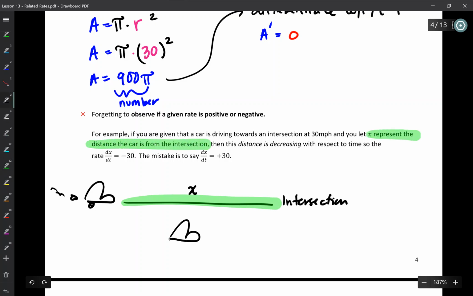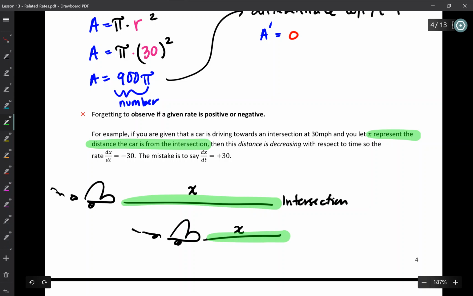Over time, x is getting smaller and smaller, right? Since that distance is decreasing, its rate of change must be negative. Oops, I want them red. So the mistake is to just see a 30 and use a positive 30. And that's it.